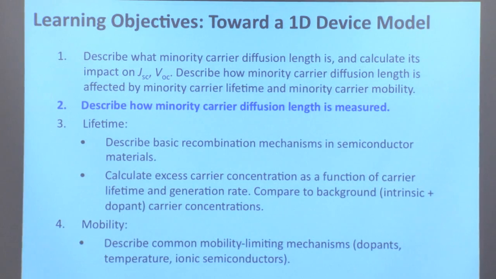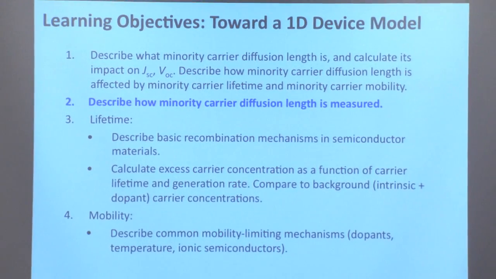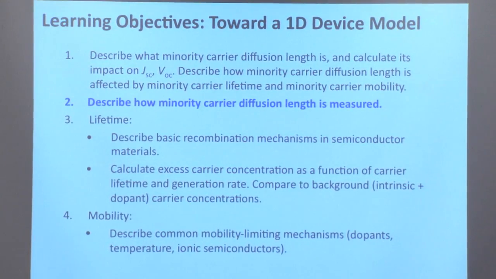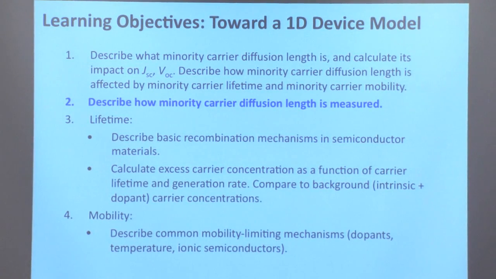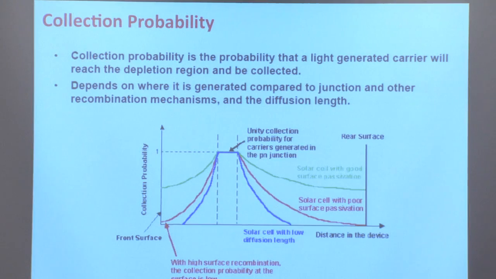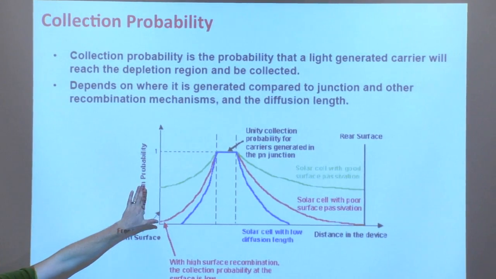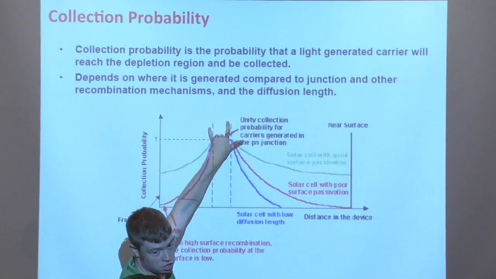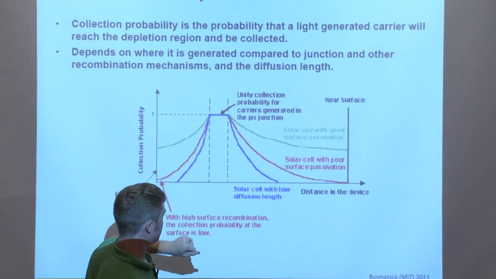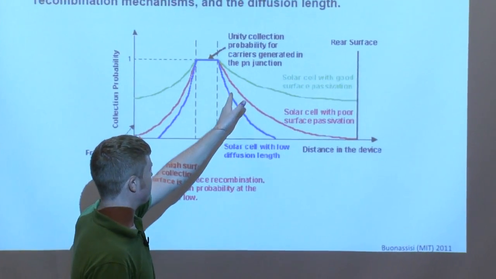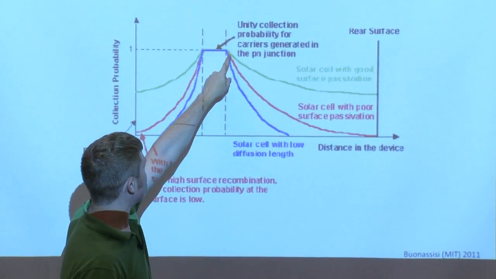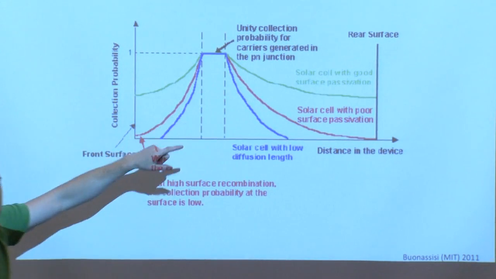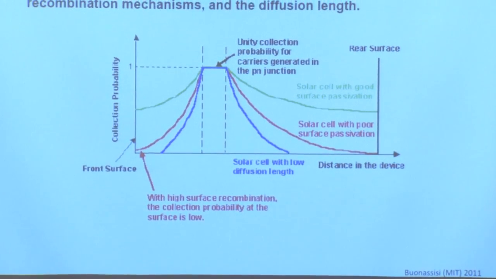So those are ways you can work with very low diffusion length materials and still get a device efficiency that's not too bad. OK, now we're going to talk quickly about how minority carrier diffusion length is measured. And again, this is something we're able to do in our lab. One of the important things to say is collection probability. For example, if this is our junction right here, our space charge region, and you generate a carrier very, very close to the junction, it's going to have a near unity probability of making it to the junction and being collected.